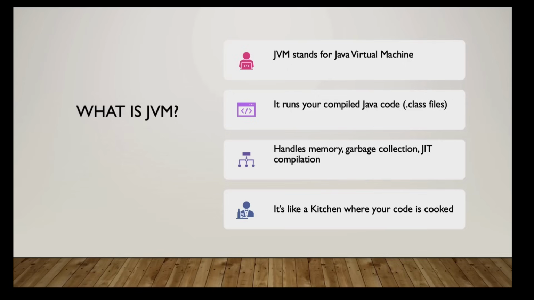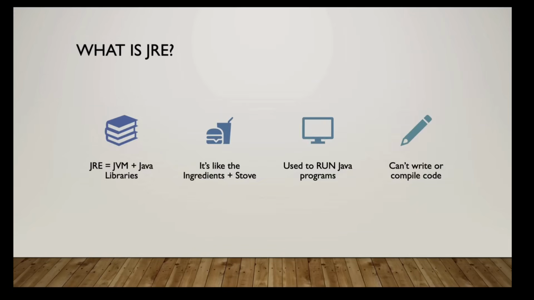That language the machine cannot understand. So it's the responsibility of JVM to convert your Java code into bytecode and place it in the form of .class files. It also handles memory, garbage collection and JIT compilation. It is basically a kitchen where your code is actually cooked. I hope you get it.